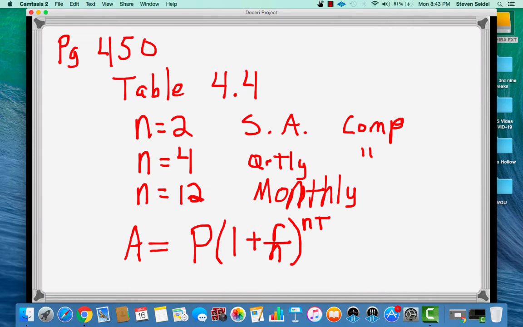Everything's raised to the n times t power. Now, going beyond this, I'm looking on the same page. There is such a thing called continuous compounding, okay?